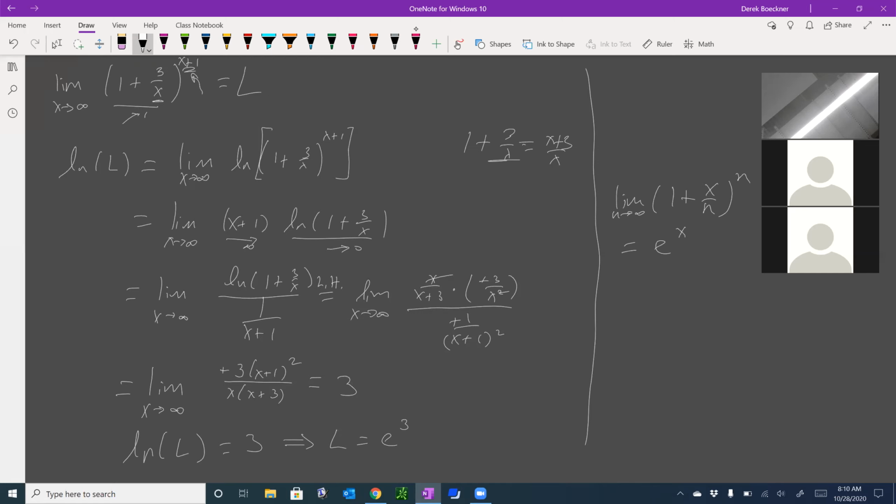Otherwise, sometimes you might get an extra factor down here of something, and so then it's not e to the x, it's e to some fractional version of x. This is a common limit that shows up quite a bit. It shows up from compound interest. If any of you guys are business interested, this is continuously compounded interest.